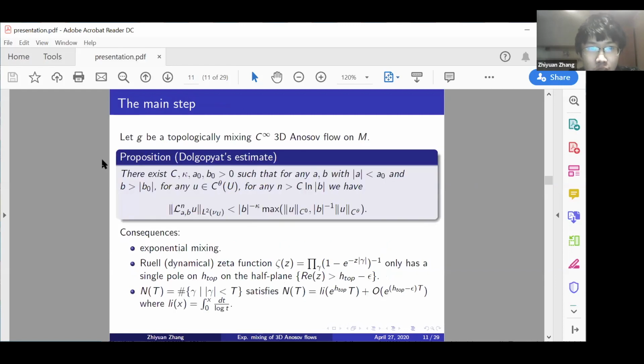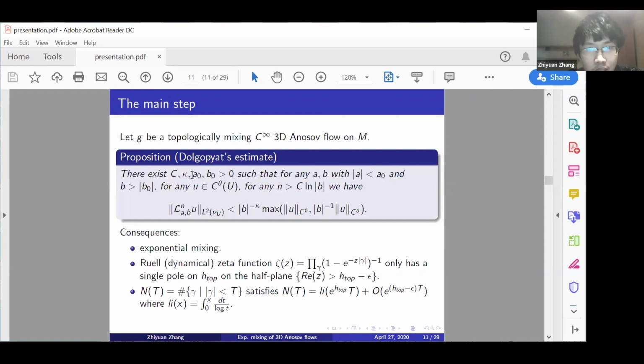So the main thing we need to establish is the so-called Dolgopyat estimate. It is the following. Let this be a topologically mixing 3D Anosov flow. Actually, we establish this for a certain class of Anosov flow, but the study of other classes can be reduced to the case we study just by inverting the flow.